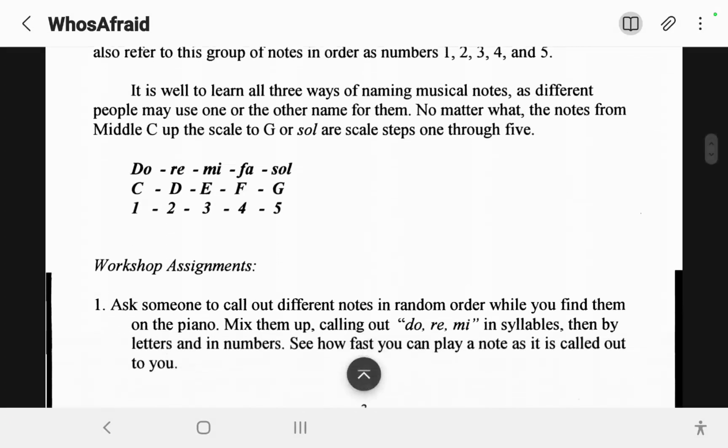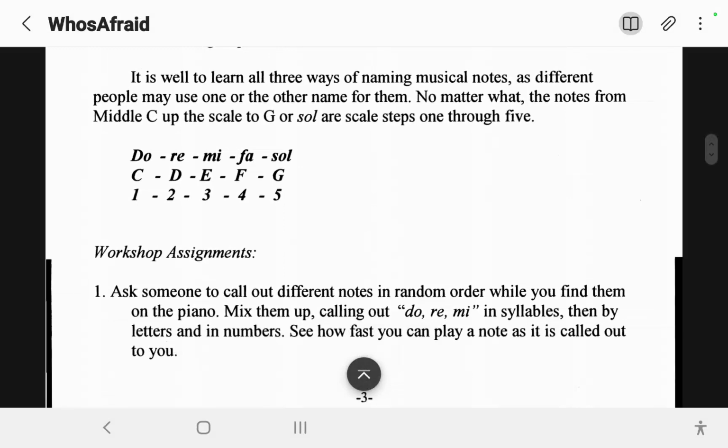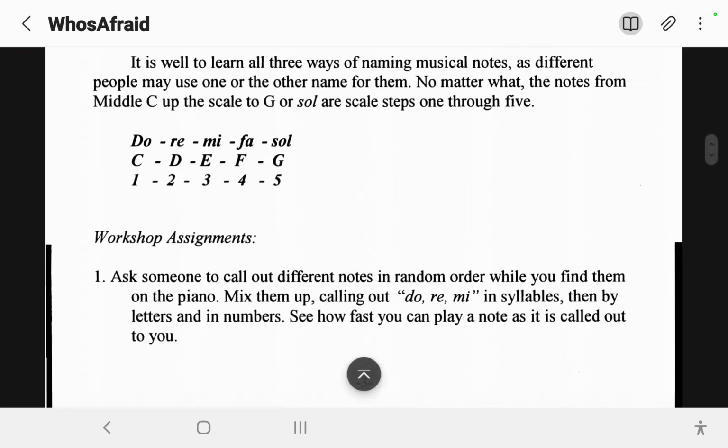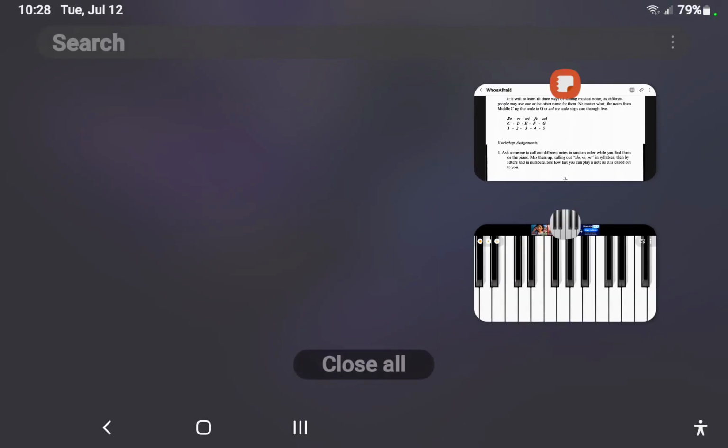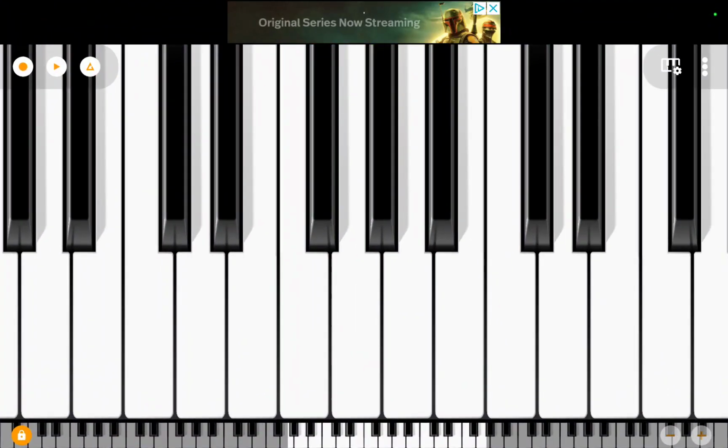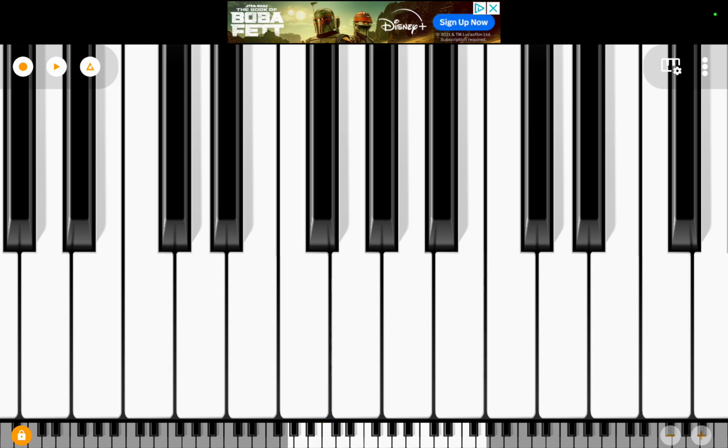Following that, they have a table with the solfege, the alphabetic letters, and the numbers, which hopefully are self-explanatory. Do, C, and 1 are all the same pitch. If I were to play do, let me go back to my piano here. This is do, C, or 1. Re, D, and 2 are here.